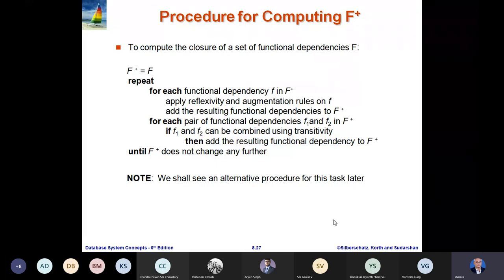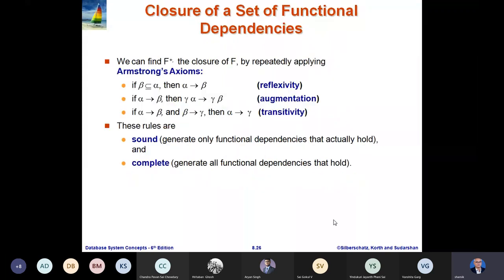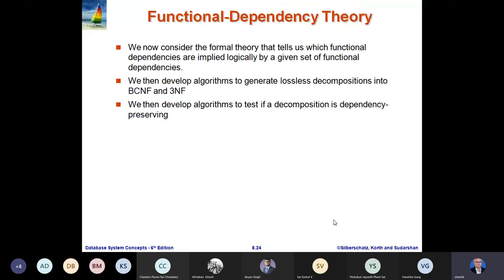So this is how we can compute the closure of a given set of functional dependencies F. So this is the starting point for functional dependency theory, that we determine how we can get the closure of the given set of functional dependencies.